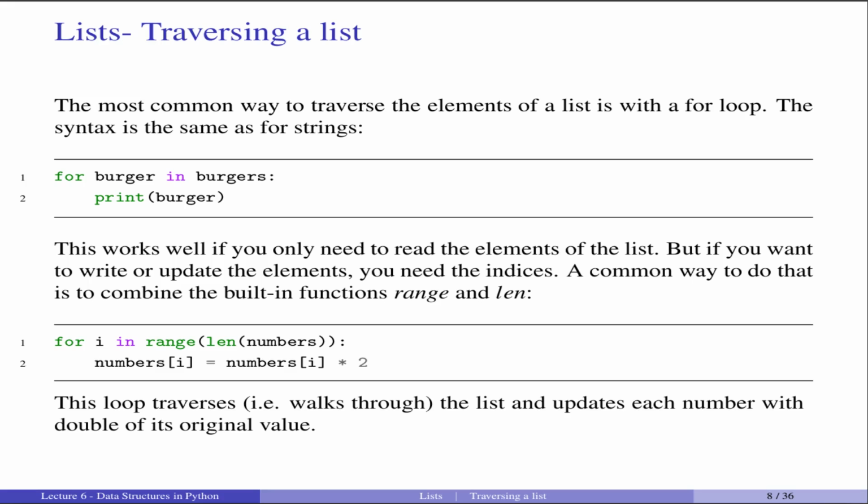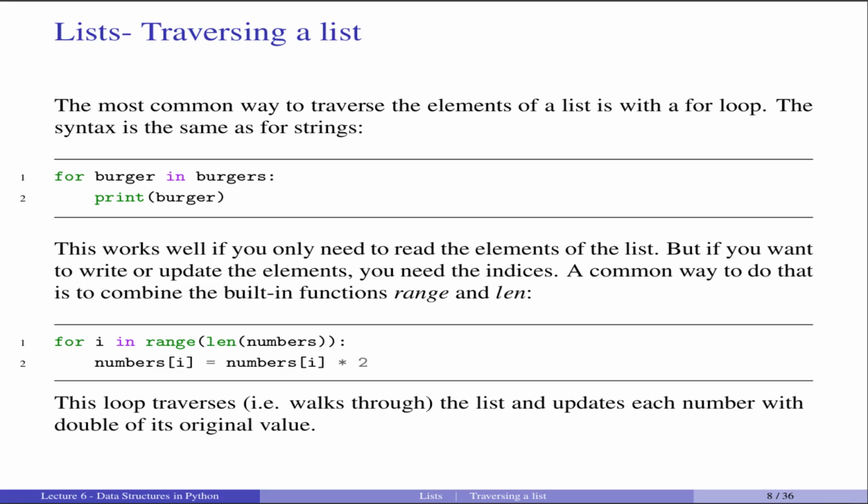So according to that we can build up the indices. If I have 3 elements, I know the indices will be 0, 1 and 2. If there are 5 elements, I know the indices will be 0, 1, 2, 3, 4, right? But if I do not know the number of elements in a list, then we can very easily use the in operator.